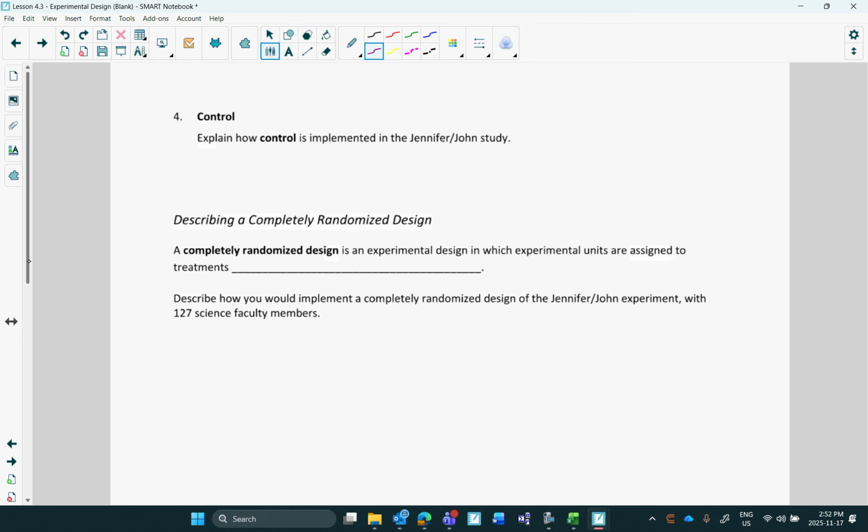Okay. So how was control used in this study? How did they control it? If you look at the original paragraph, what did they do? The entire resume is exactly the same. That was probably the biggest one. Resumes were exactly the same except for the name.